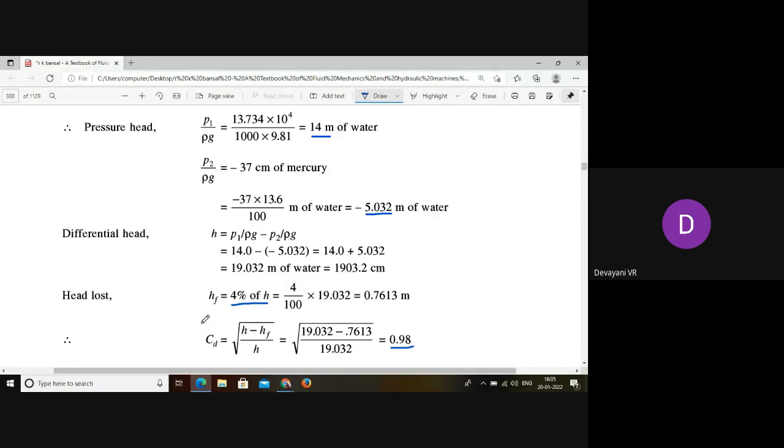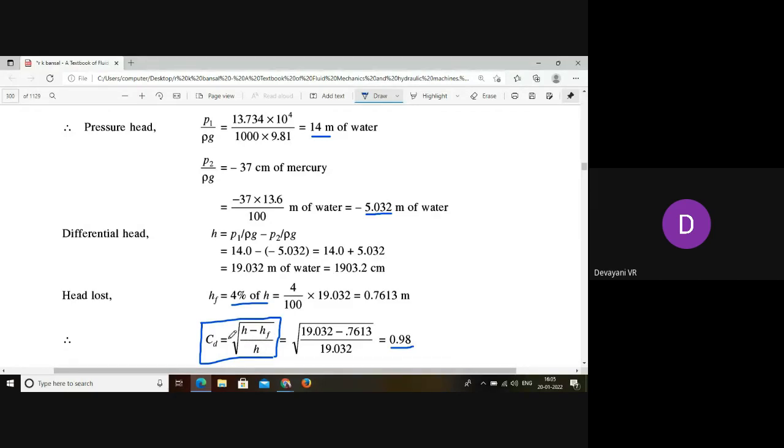To calculate the coefficient of discharge using the heads, the formula is CD equals root of (H minus HF) by H. Right, the coefficient of discharge is equal to root of (H minus HF) by H.